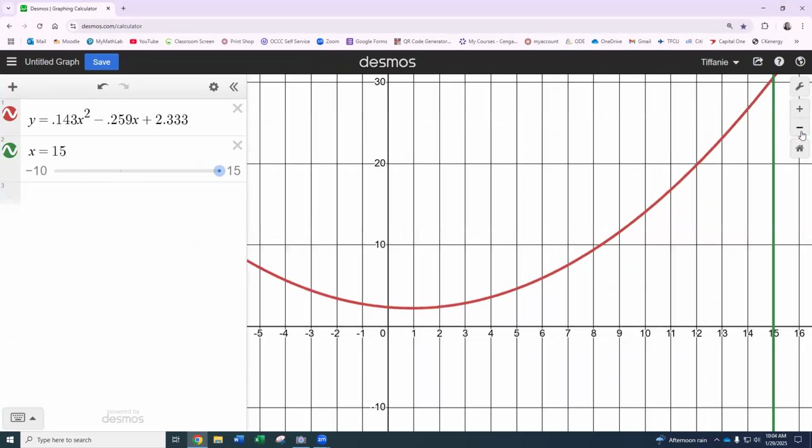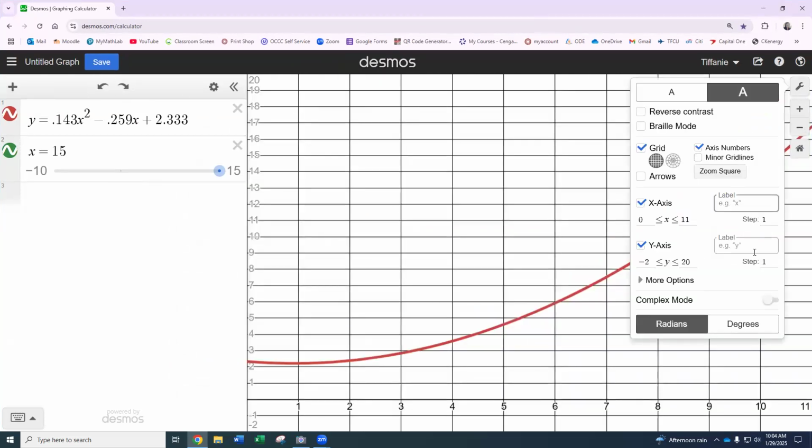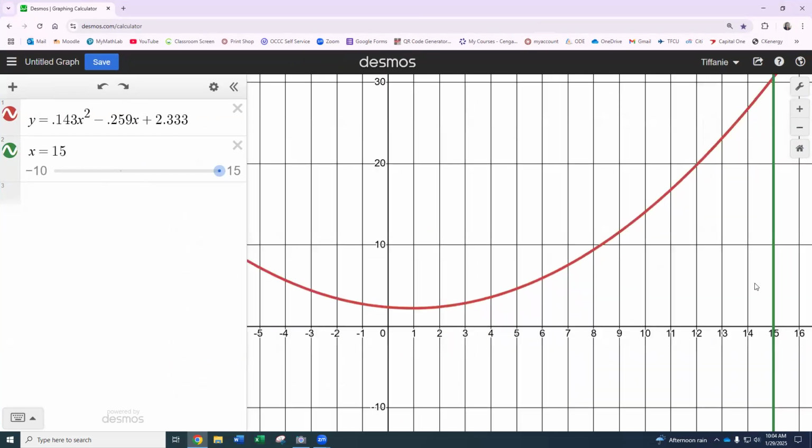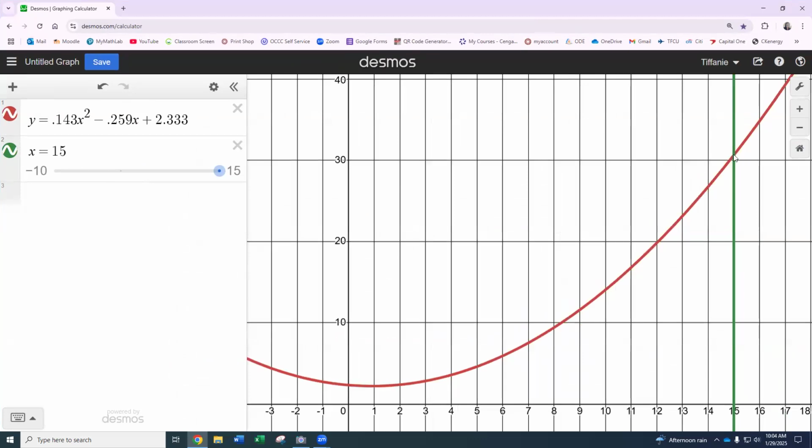You can either zoom out to get to that, or you can mess around with this window. I like zooming out because I can see exactly what I need right here. So where is that intersection? That intersection is at (15, 30.623).